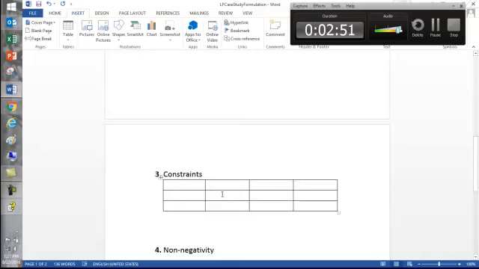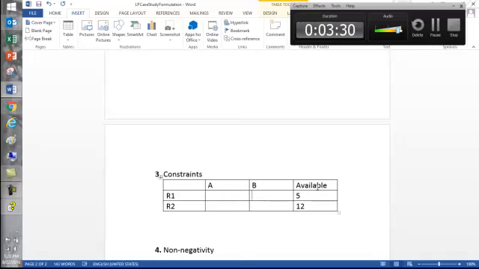To specify them, I find it easier to draw a table of 4 columns, 3 rows, and this side will be the constraints, the limited resources, R1 and R2. And here is what we have available: 5 of R1 and 12 of R2. Now these will be used up making products A and B.